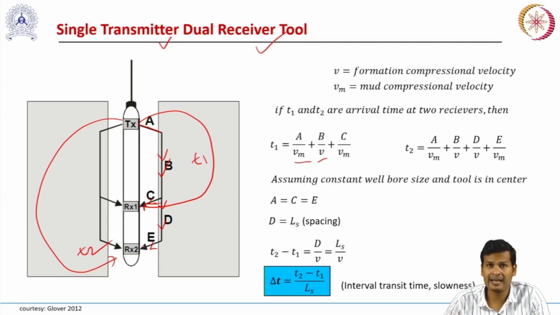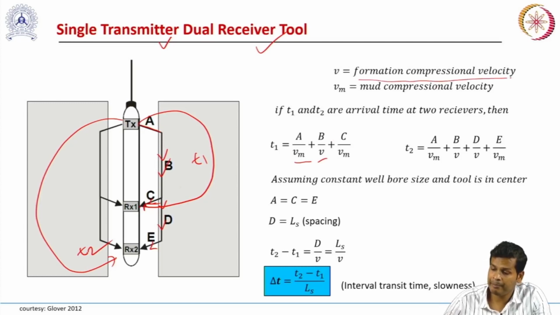The first arrival for which we are noting down the time is always the compressional head wave traveling inside the formation. That's why this velocity is the formation compressional velocity, plus C by Vm. So again C by Vm, these two are mud time.